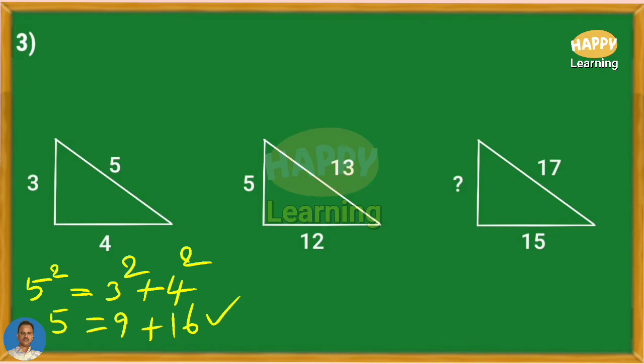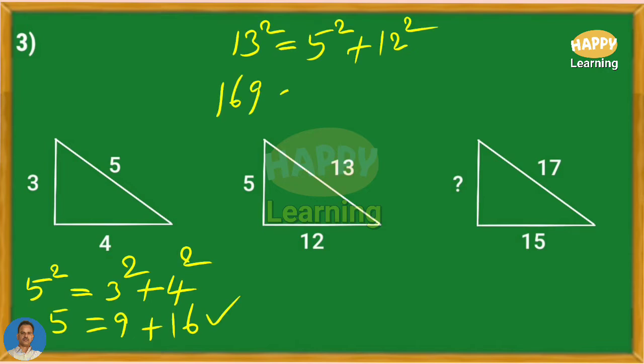Let us check whether the second diagram is also following the same Pythagoras theorem or not. So 13 square equal to 5 square plus 12 square. 13 square is 169, 5 square is 25, 12 square is 144.